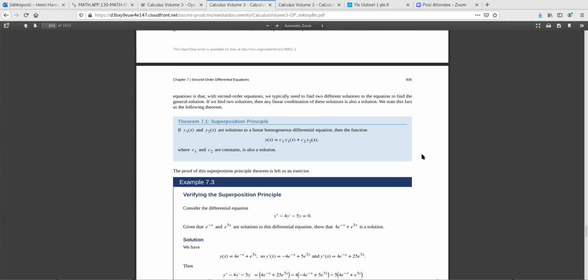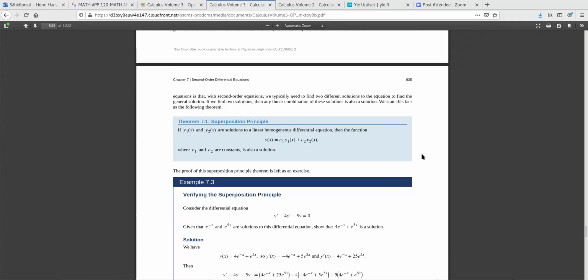So if we have 2 different solutions to this, well, they could be the same, of course, as well. But if we get 2 solutions, y1 and y2, to a linear homogeneous differential equation, then any linear combination, meaning we multiply both by an arbitrary constant and add these 2 together, will also be a solution.